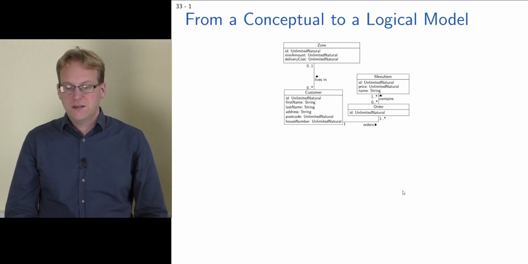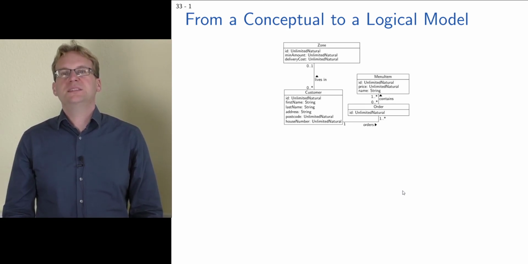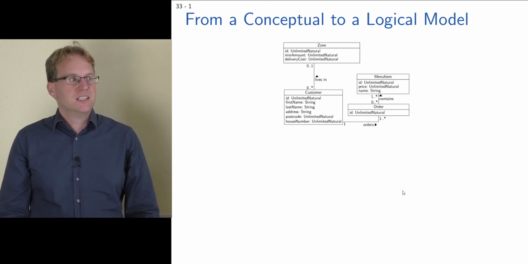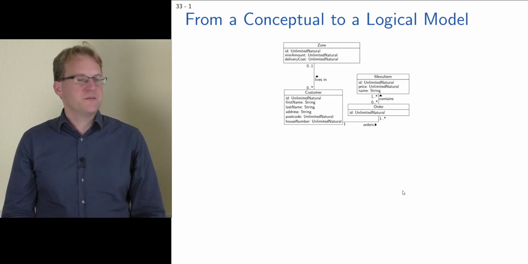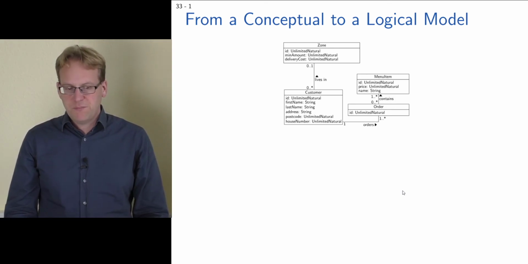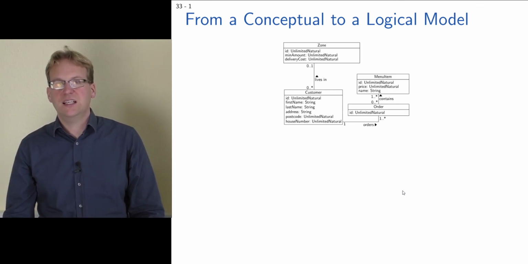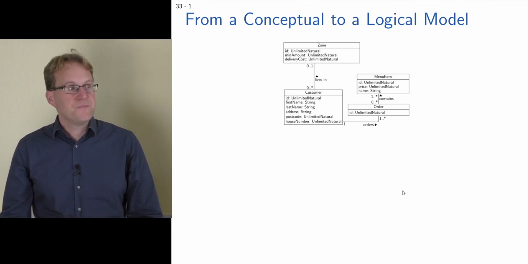We have seen how to develop a conceptual model for a pizza delivery service. It's probably not the most frequent application for us as geoinformation scientists, but it is, of course, a big business. It has become a big business in the previous, let's say, 10 years in Germany.